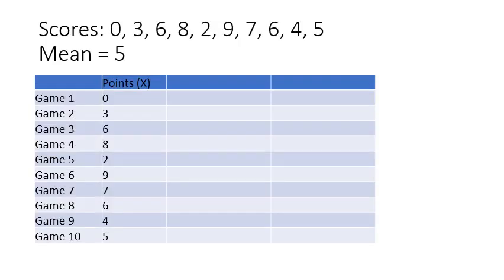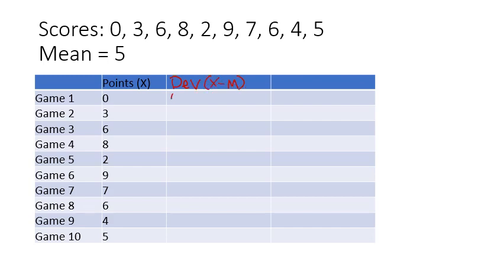Go ahead and calculate this. Here are the scores up above, and I've written them down here. We have to calculate the deviations, x minus m, so I'll write this here. Deviations, x minus m.